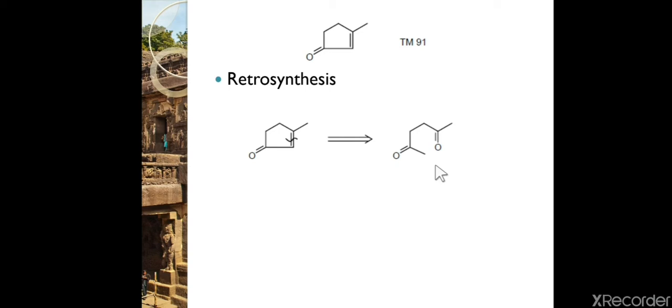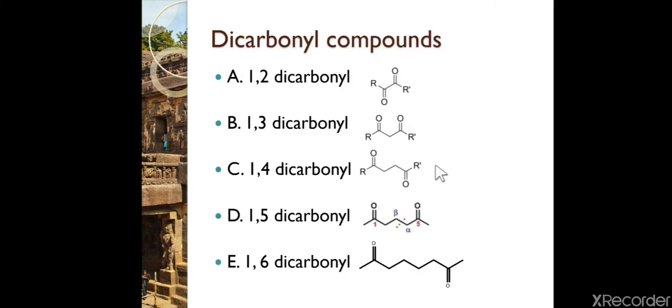So what type of dicarbonyl compounds are there in organic chemistry and most commonly used? They are 1,2-dicarbonyl, 1,3-dicarbonyl, 1,4-dicarbonyl, 1,5-dicarbonyl and 1,6-dicarbonyl. So this 1, 2, 1, 3, 1, 4 and 1, 5 is the position of carbon, that is, where the carbonyl group is situated: 1, 2 in this 1,2-dicarbonyl compound, 1, 3 in this 1,3-dicarbonyl compound, and so on.